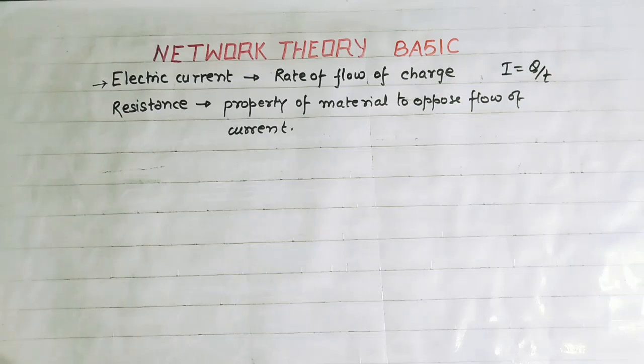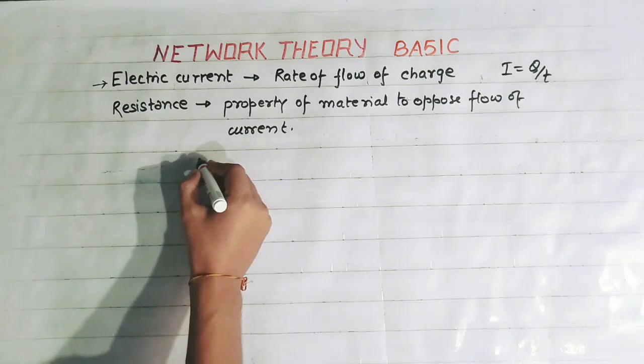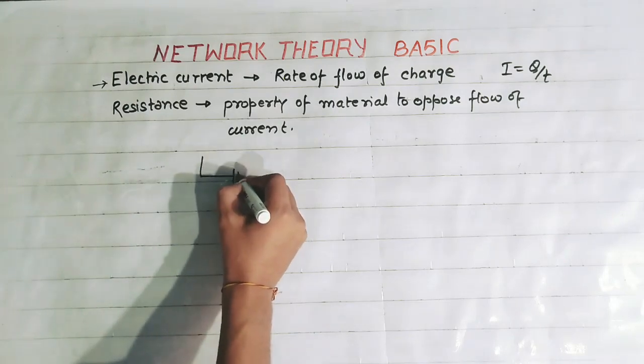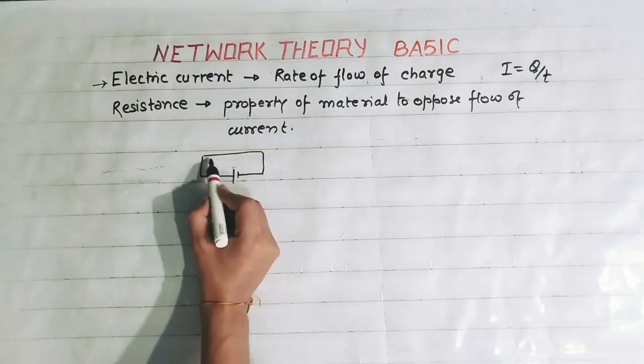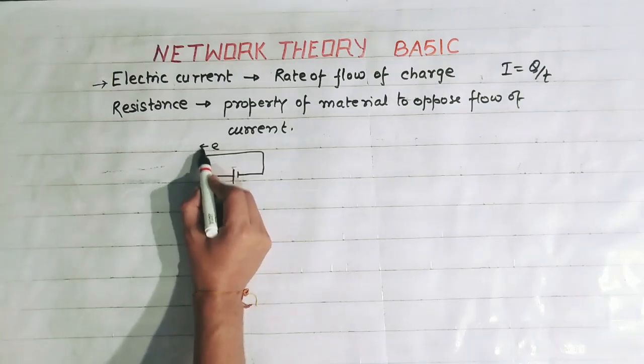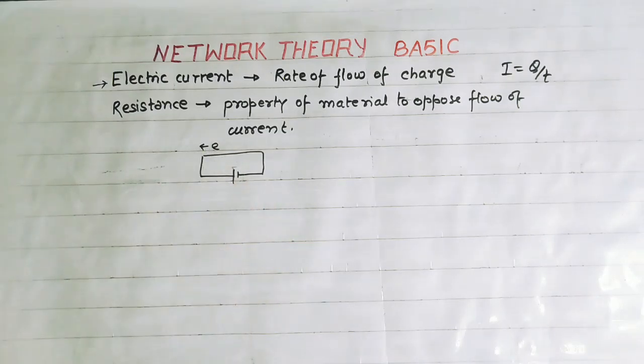Electric current flows through a conductor, and electric current is due to the flow of electrons in a conductor predominantly in one direction. Suppose this is a battery and this is a conductor. Electrons in this conductor will flow in this direction. But the direction of current in a circuit, that is the conventional direction of current, is opposite to the flow of electrons.